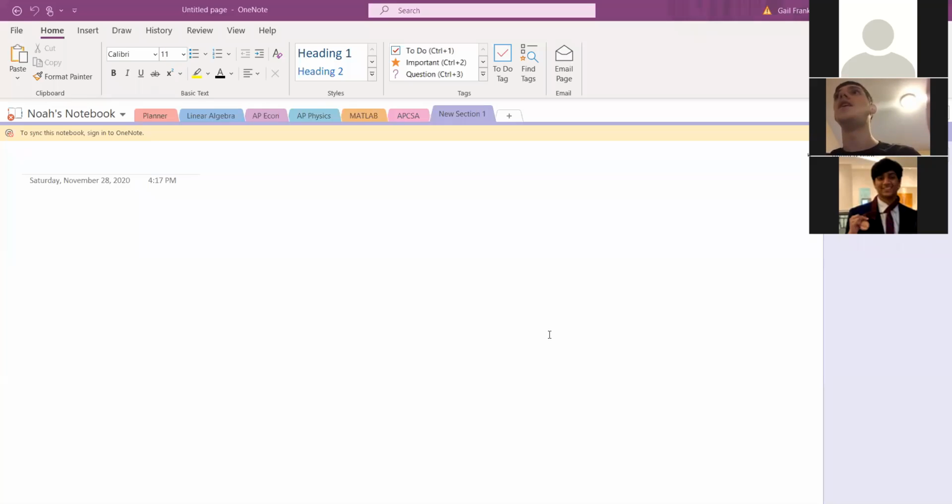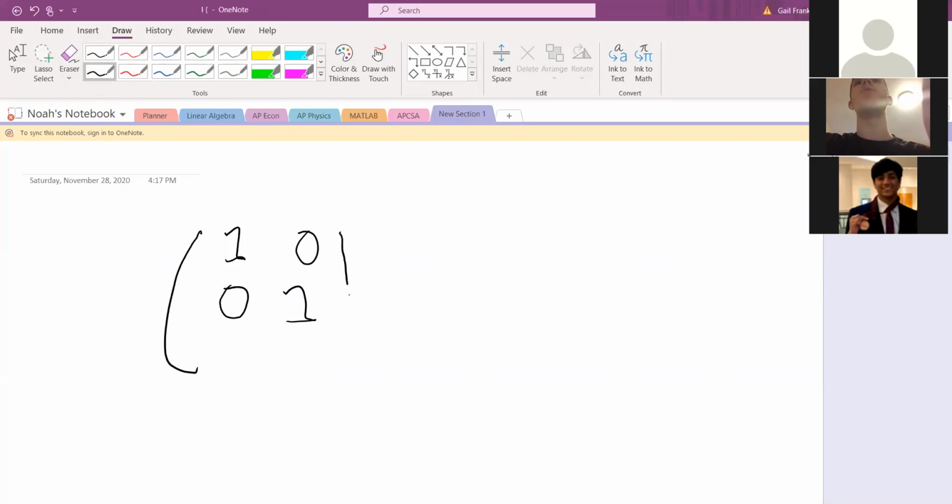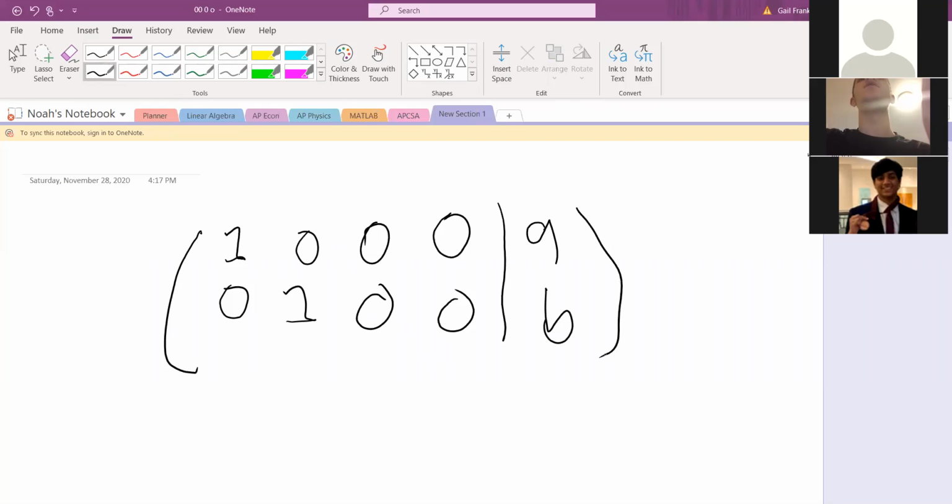Okay, so let me make a matrix. If you have a pivot in every row, in this case the last two variables, x3 and x4, would be free variables.